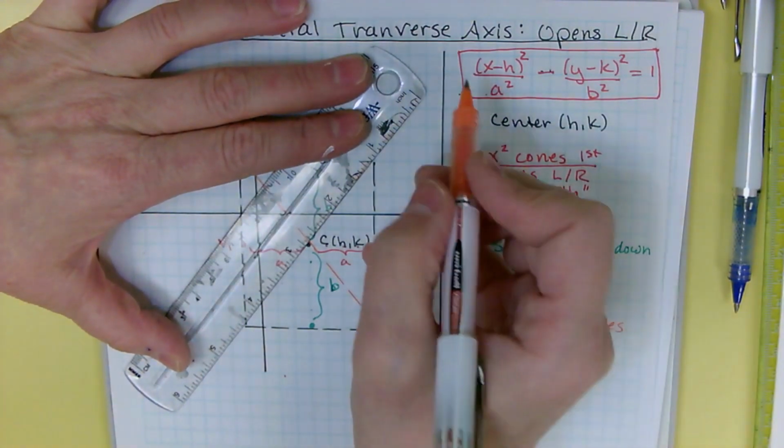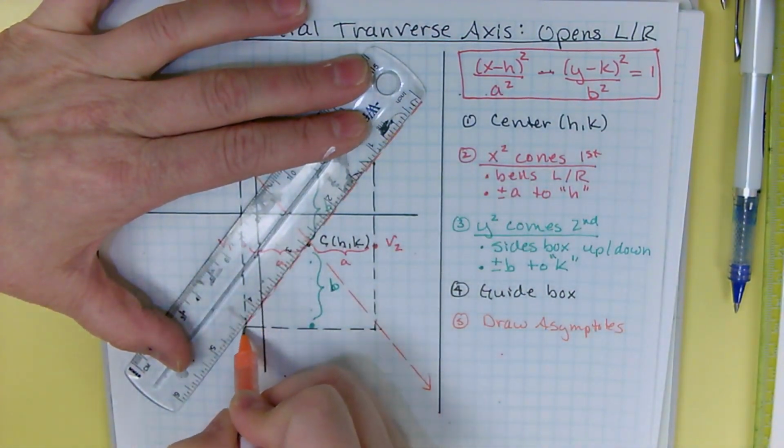Remember, the asymptotes go corner of the box, center, other corner of the box.